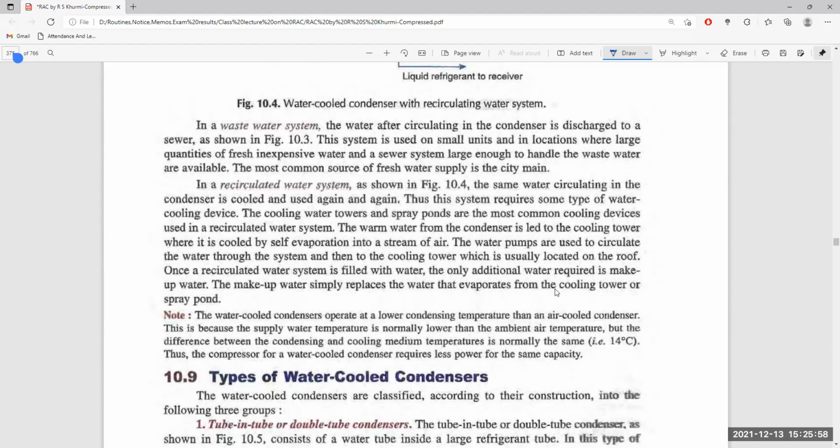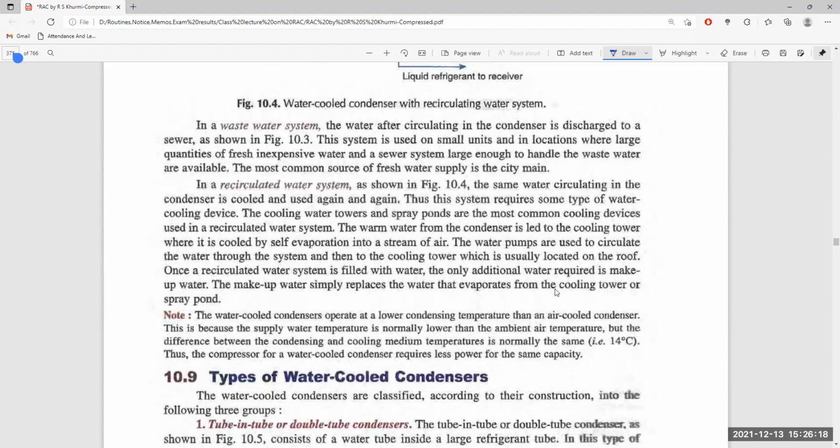The warm water from the condenser is led to the cooling tower, where it is cooled by self-evaporation into a stream of air. The water pumps are used to circulate the water through the system and then to the cooling tower, which is usually located on the roof.